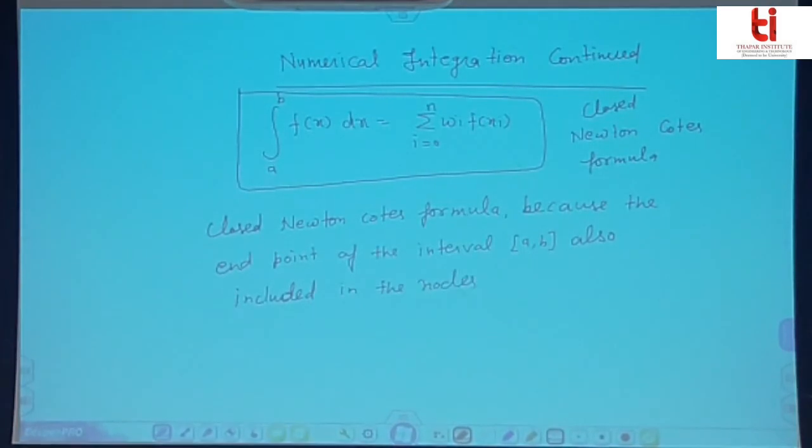So this is the closed Newton-Cotes formula. If a and b are not included in the nodes, it will be the open Newton-Cotes formula.